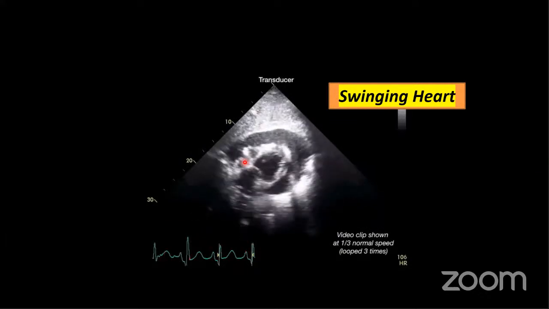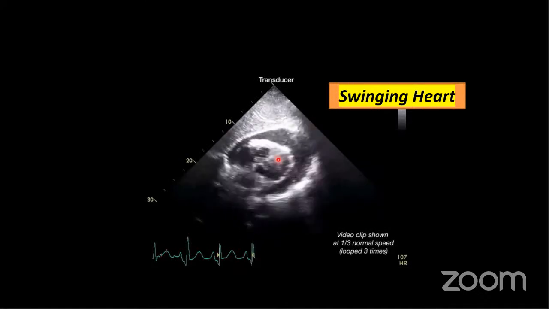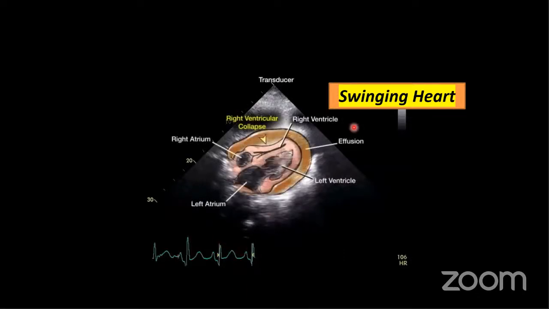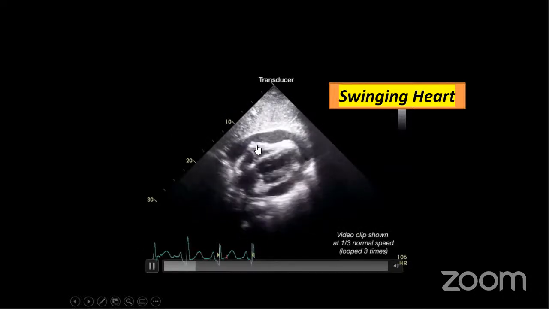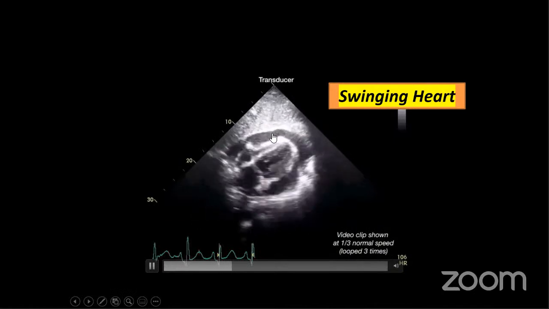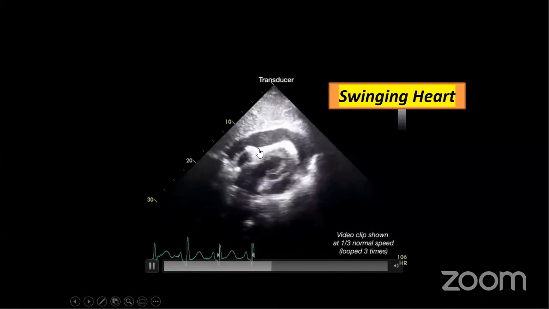We have the RA, the RV, the LA, and the LV. Look at how the RV is getting collapsed. This is something that you should be quite scared of, when you see an RV like this that is collapsing into the lumen of the RV.